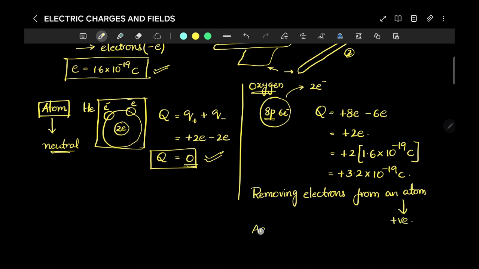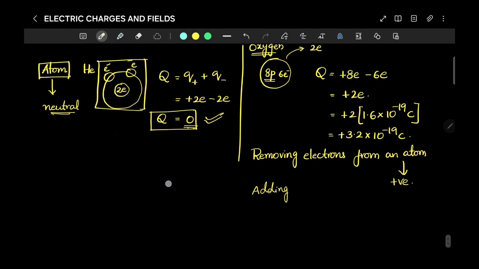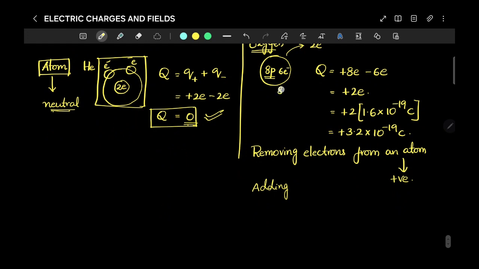If you are adding electrons, for example, if there are 8 electrons and you add another 2 electrons, then total 10 electrons.